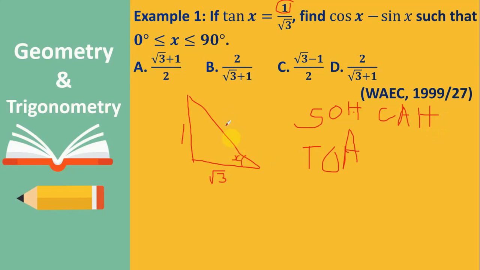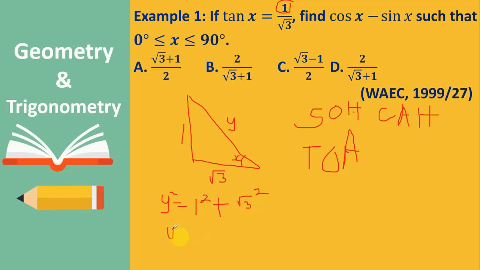You find the hypotenuse using your Pythagoras theorem, which says hypotenuse squared equals opposite squared plus adjacent squared. If I represent my hypotenuse with the letter y, then I will have y squared equals 1 squared plus root 3 squared.